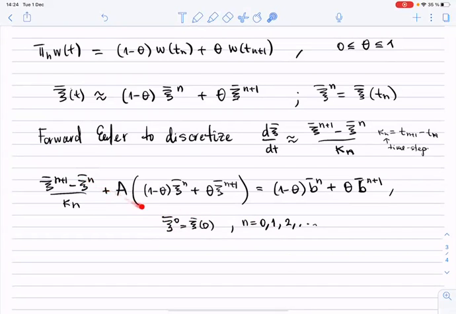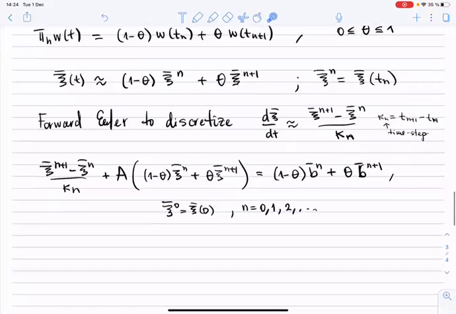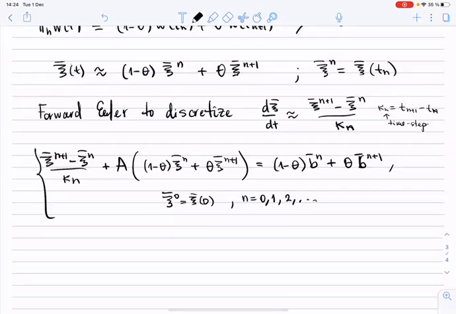We bring it here, so this will be psi 0, psi 1. And the right-hand side you can, of course, evaluate. It's a given function. And this scheme that we constructed, in the literature, is called the theta scheme, because it depends on theta.